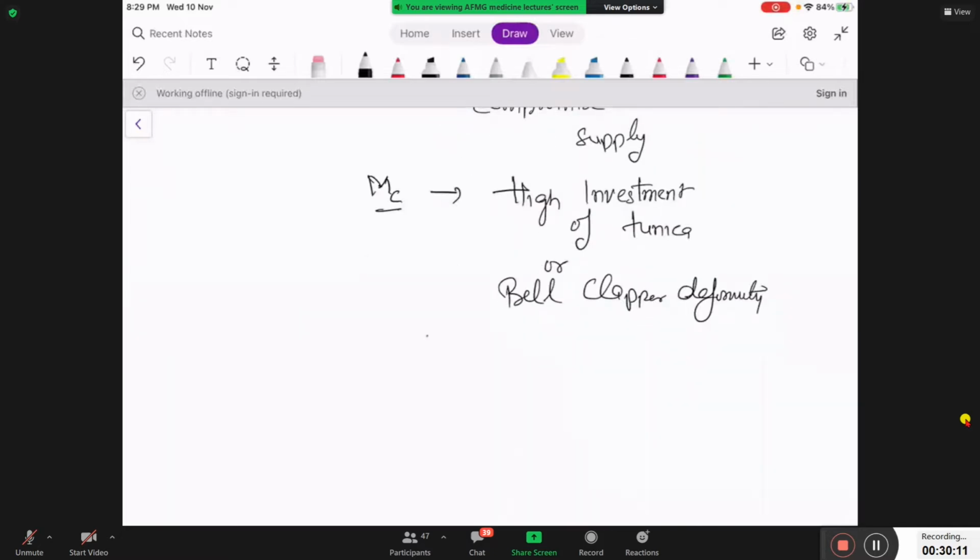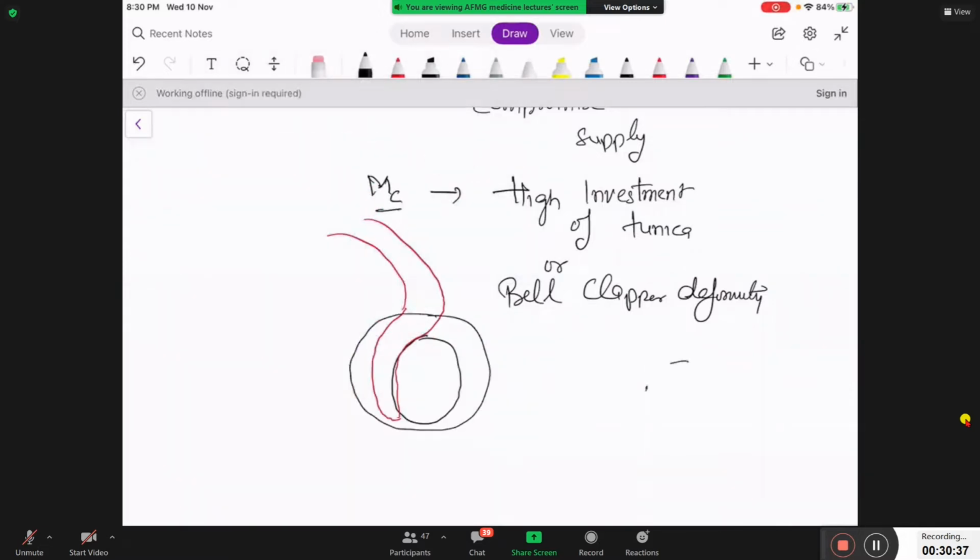Look, normally what happens: this is the testis and this is the epididymis like this, snugly applied to it, and then there is a spermatic cord, right? And this is covered by tunica vaginalis. Okay? In some of the patients who have a bell clapper deformity, what happens? They have this kind of epididymis lying like this.